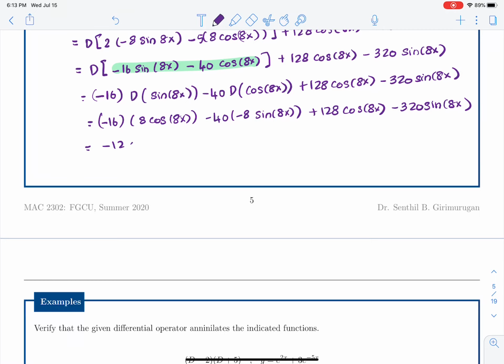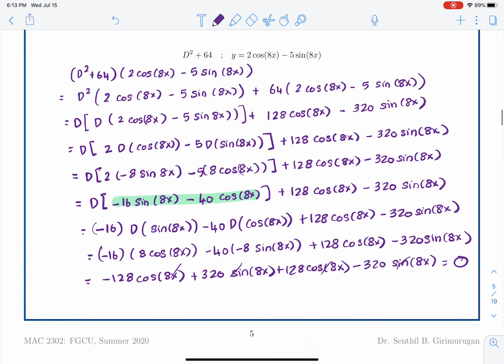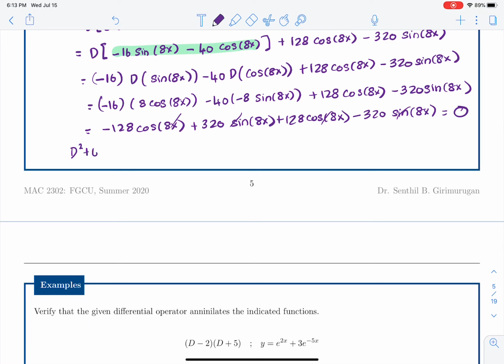So we have negative 128 cosine 8x, plus 320 sine 8x, plus 128 cosine 8x, minus 320 sine 8x equals 0, because they would simply get cancelled. So clearly D squared plus 64 annihilates y equals 2 cosine 8x minus 5 sine 8x.